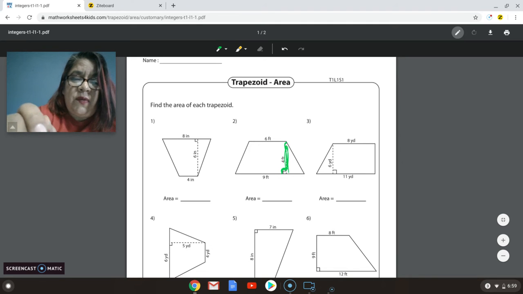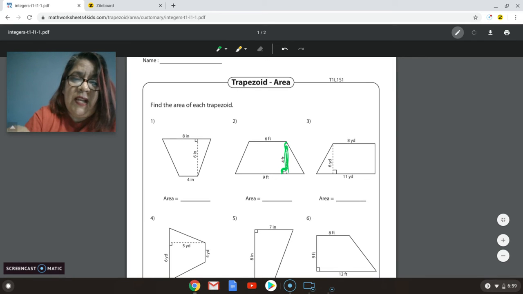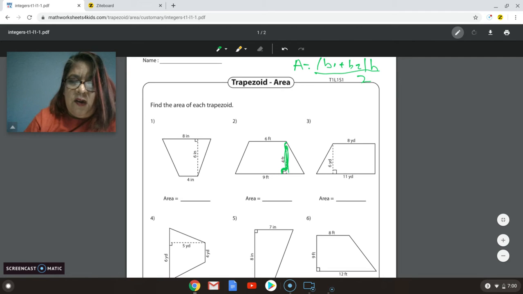Now that we've figured out what our base 1, base 2, and height are, let's put that information back into our formula. It's area equals base 1 plus base 2 times the height divided by 2. So let's substitute in what we know.